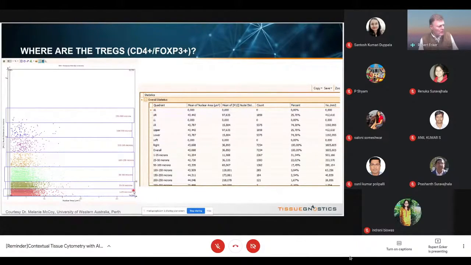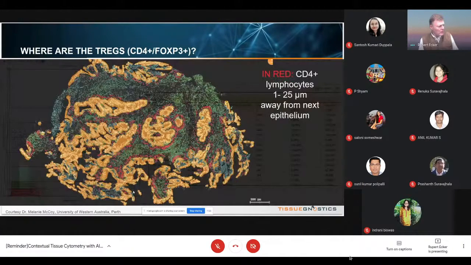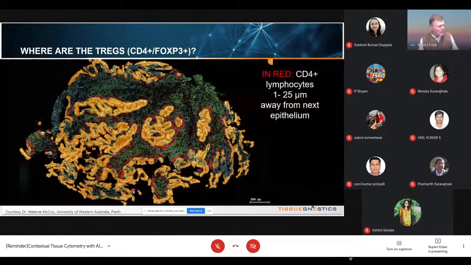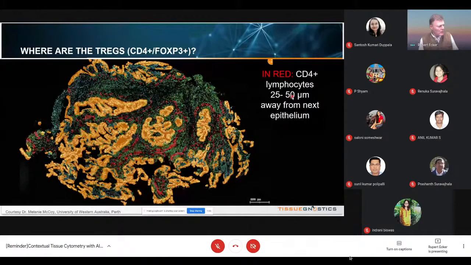Now we can use this backward connection feature that I've introduced earlier to visualize. Here, in orange, we see the tumor area, and in red, we see those and only those cells which are CD4 positive, are immediately outside the tumor and not further away than 25 micrometers. Or here, 25 to 50, 50 to 100, and so on.